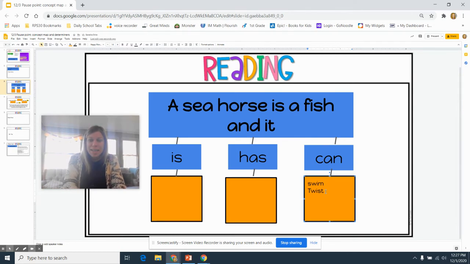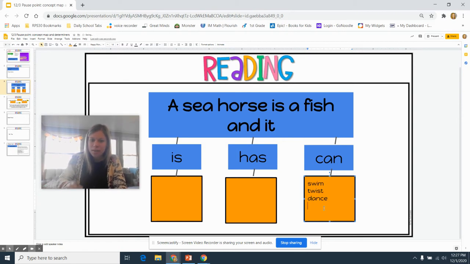A seahorse can dance. You remember how the seahorse danced with its mate? Fix those letters there. Lowercase.